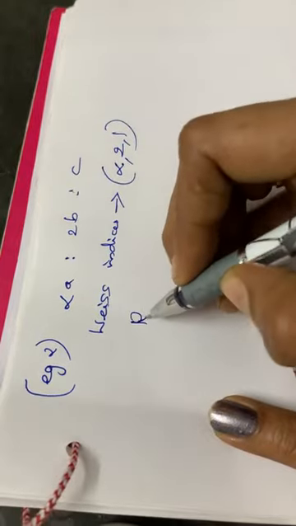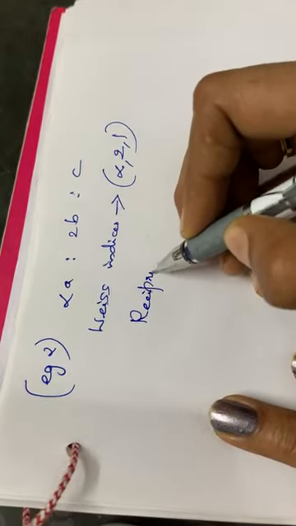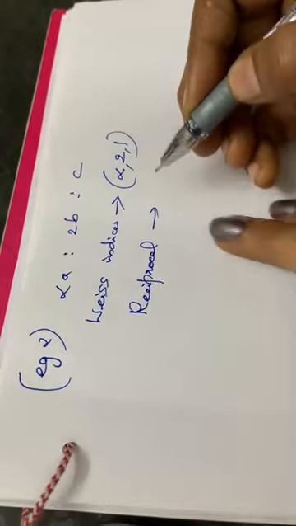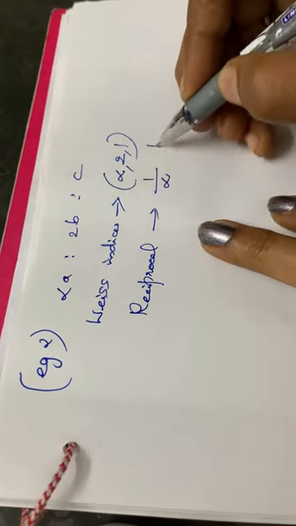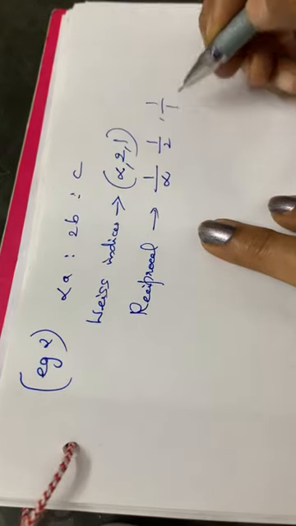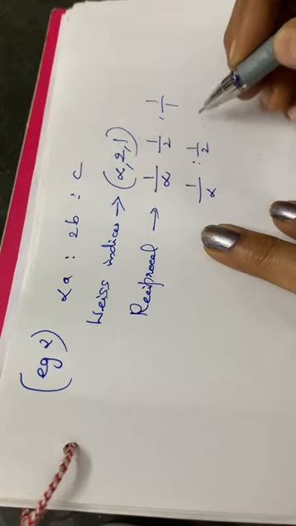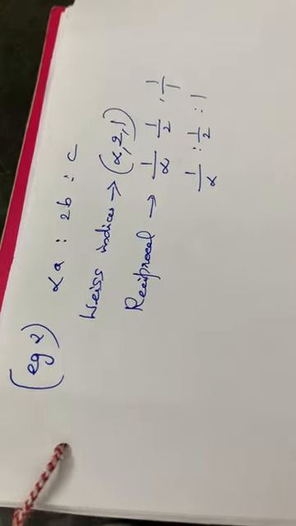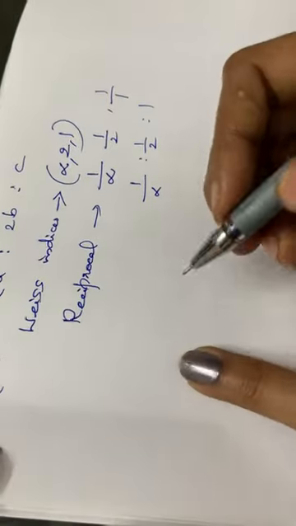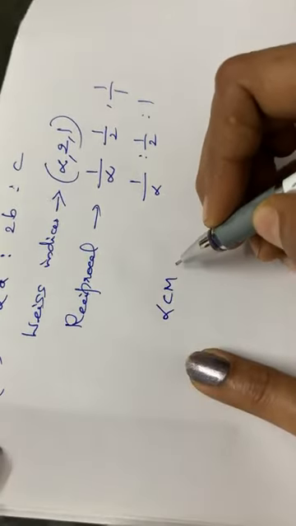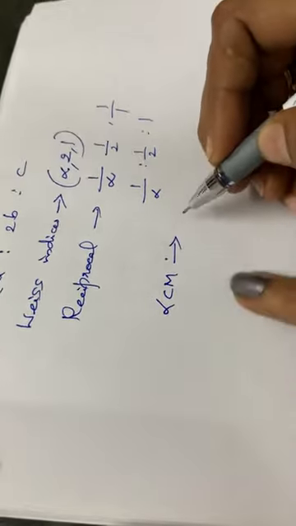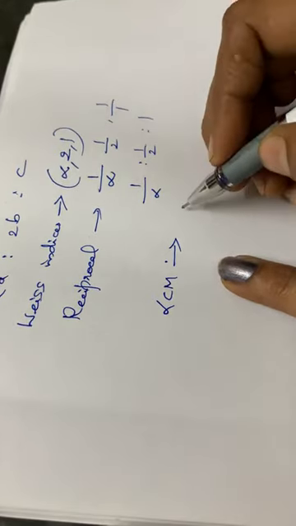Then what is the next step? You have to take the reciprocal. So reciprocal means it will be equal to 1 by infinity, then 1 by 2, then 1 by 1. Then what is the next step? You have to take the LCM, or multiplying by 2. So multiplying by 2, here the LCM will be 2, isn't it?